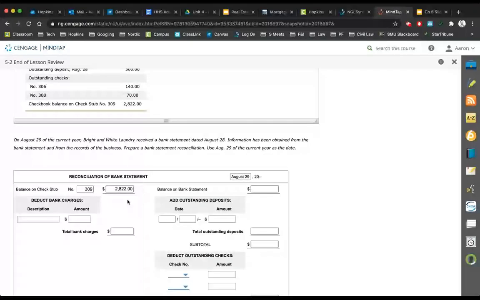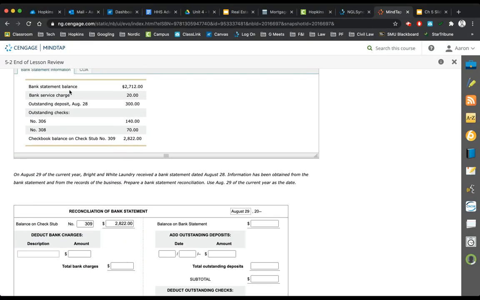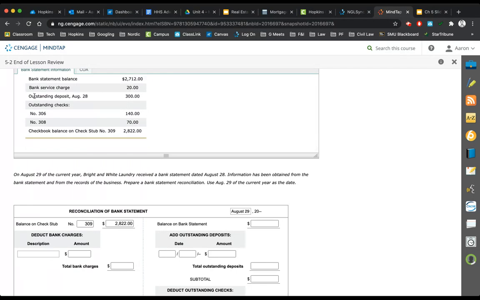3, we're going to record the service charges here. And so remember, our bank statement showed that there was a bank service charge for this time period. And so we need to record that. So we're just going to write in the language you should use, the service charge in the amount of $20.